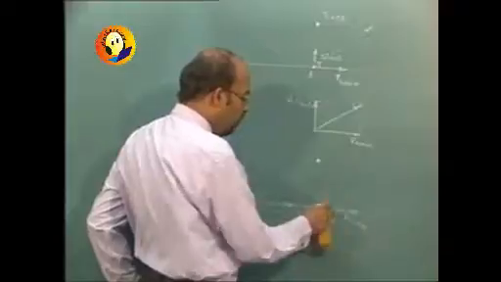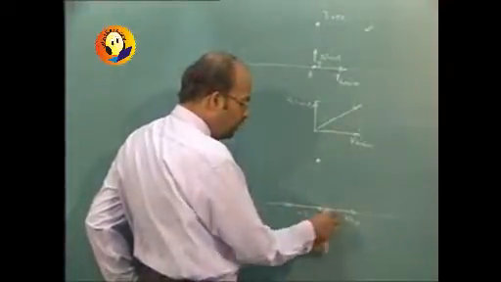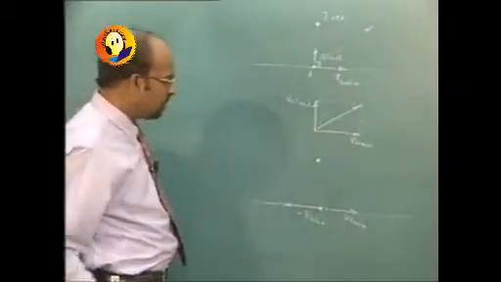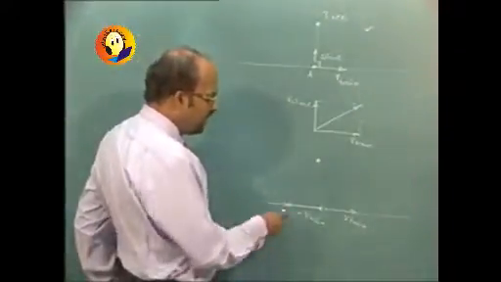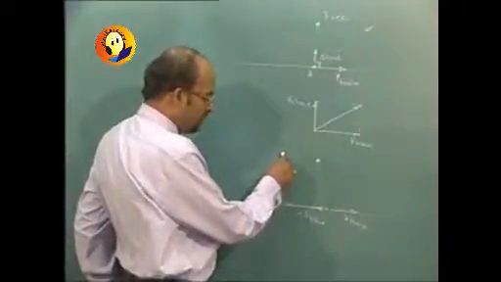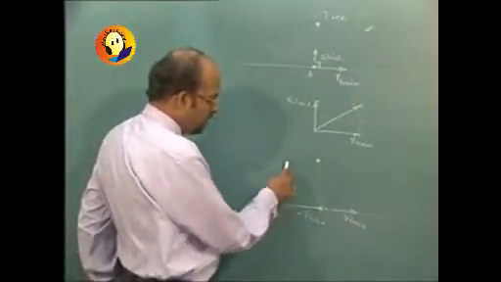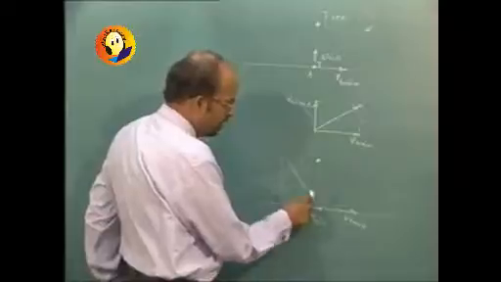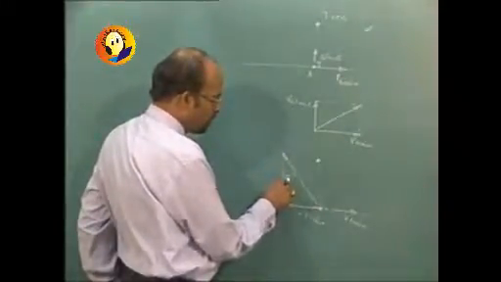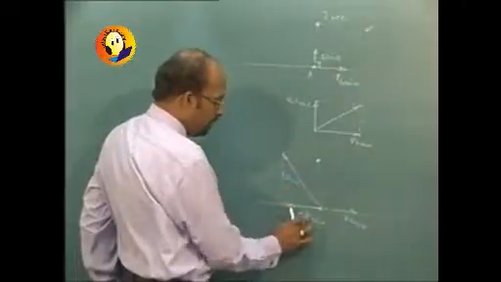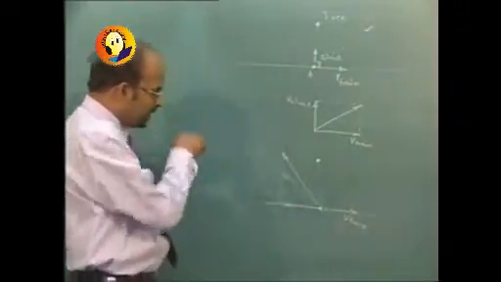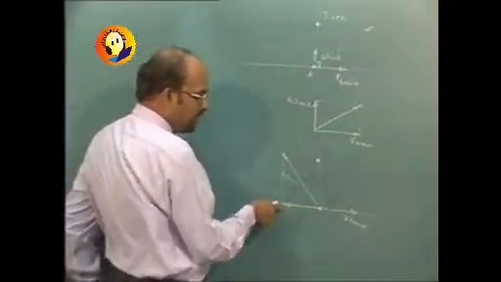We want to give the velocity to the stone in such a manner that if I apply the velocity to the stone in this direction, then this will be the velocity component of the stone along the train direction.